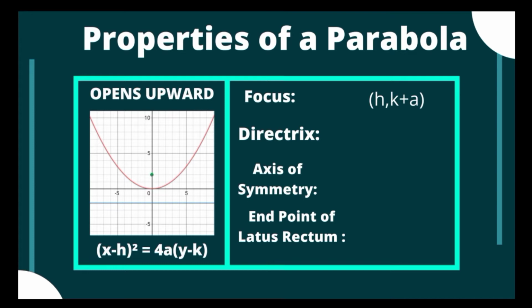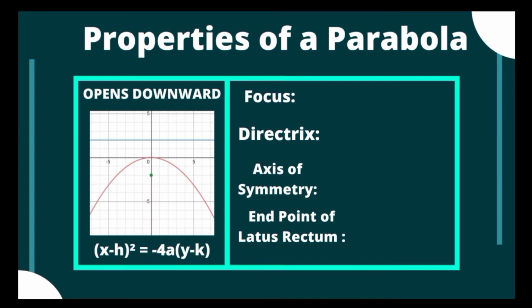And then next is the directrix. In this, we will subtract a units from the y coordinate to get the equation, which is y equals k minus a. And then next is the axis of symmetry. The equation of it is x equals h. And the latus rectum, whose endpoints are h plus or minus 2a, comma, k plus a.